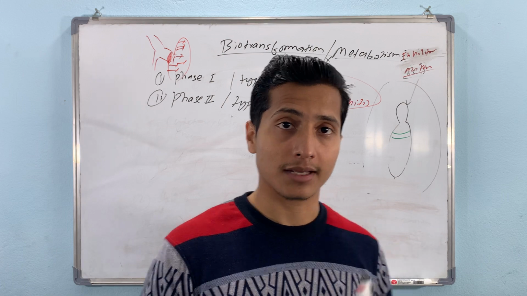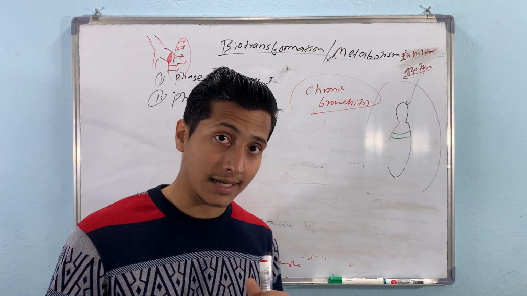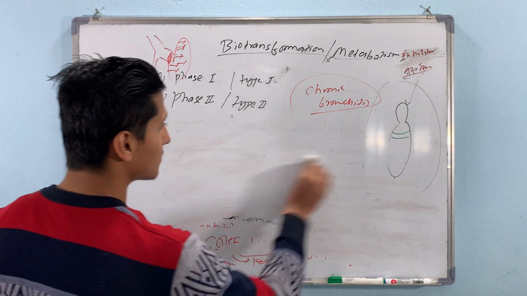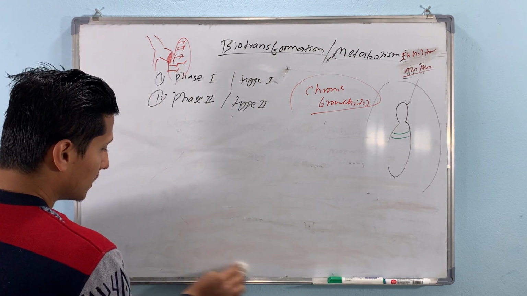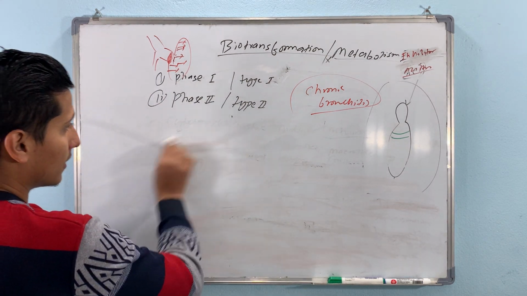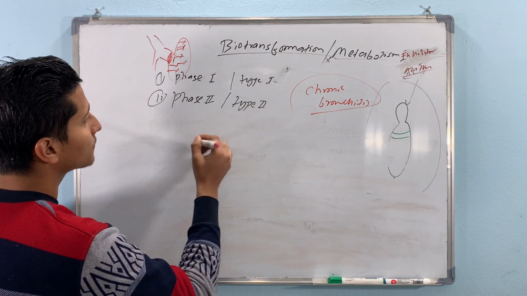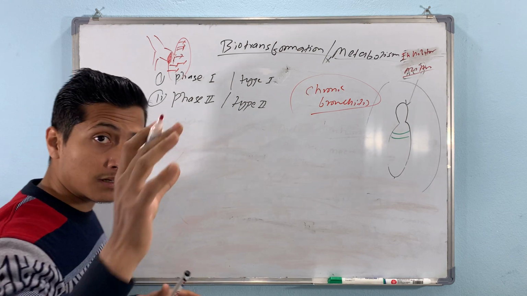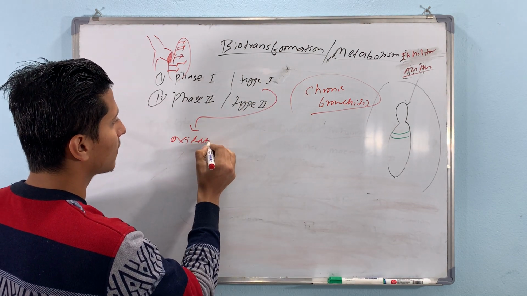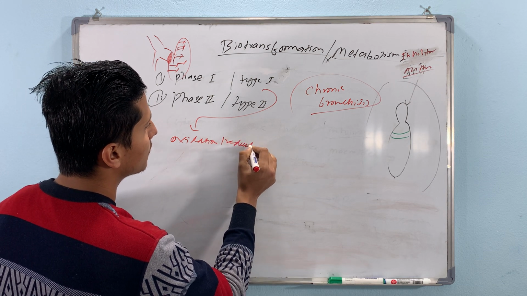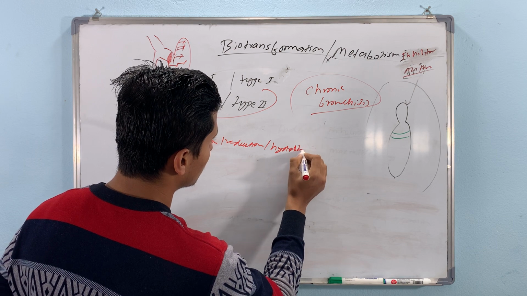Now the next reaction that comes under oxidation and reduction is the reaction that uses monoamine oxidase. So one very high-yield point in the reaction that involves monoamine oxidase is, let me write the subtopics here of type 1 reactions: oxidation, reduction, or hydrolysis.